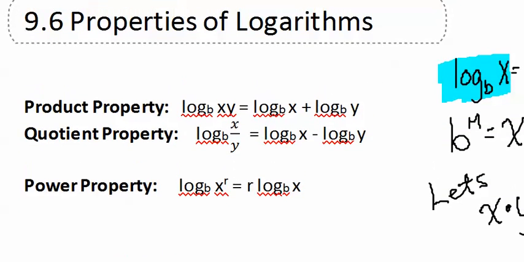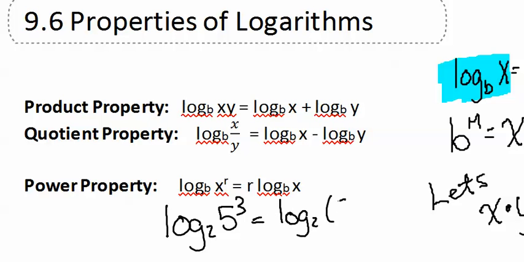And finally, the power property. Let's just use numbers for a second with this one. Let's say that I had log base 2 of 5 to the third. That's really equivalent to log base 2 of 5 times 5 times 5.